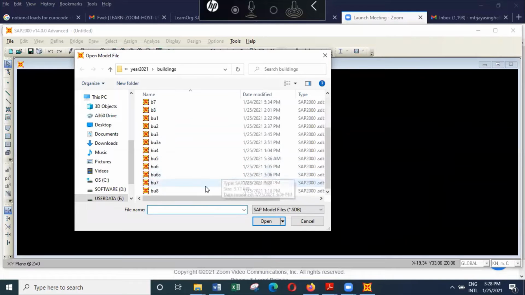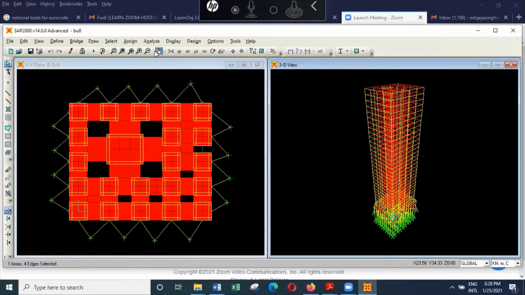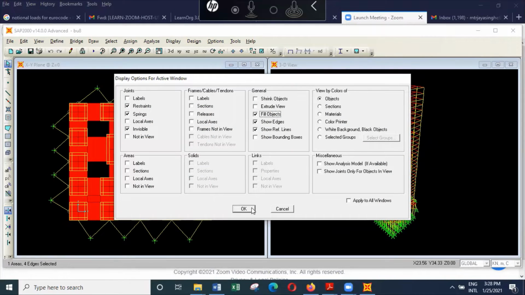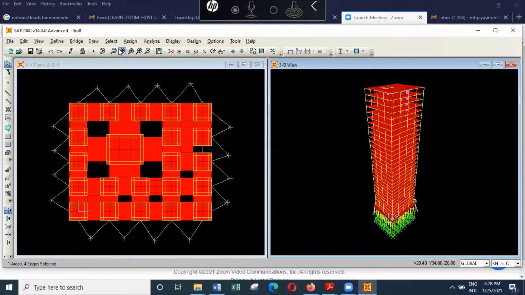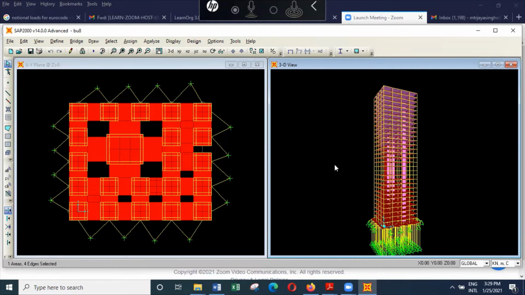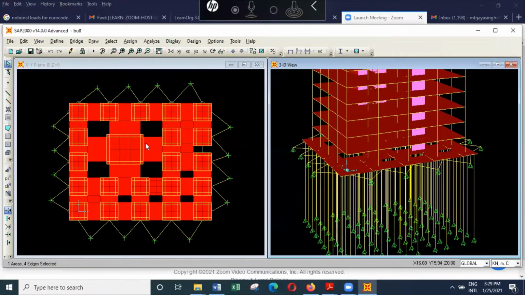And that is 8. And in that one, you can see I have connected the pile caps by using the ground slab.